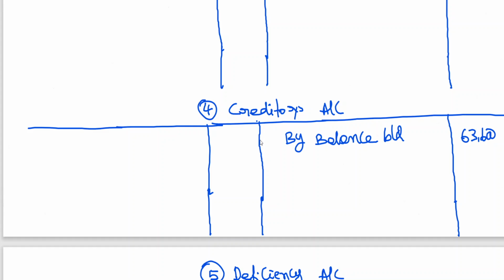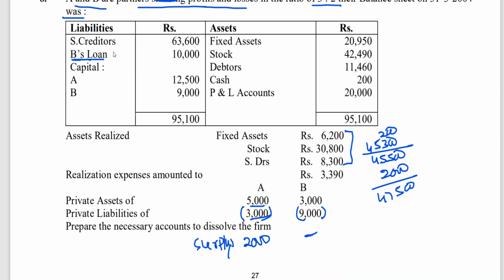That we have already learned. Partners loan appearing on the asset side means loan is given by the firm to the partner, that also to be transferred to capital account. Now in this case, partners loan appearing on the liability side means firm owes money to the partner. Partner's loan appearing on the asset side means partner owes money to the firm. Are you able to understand?